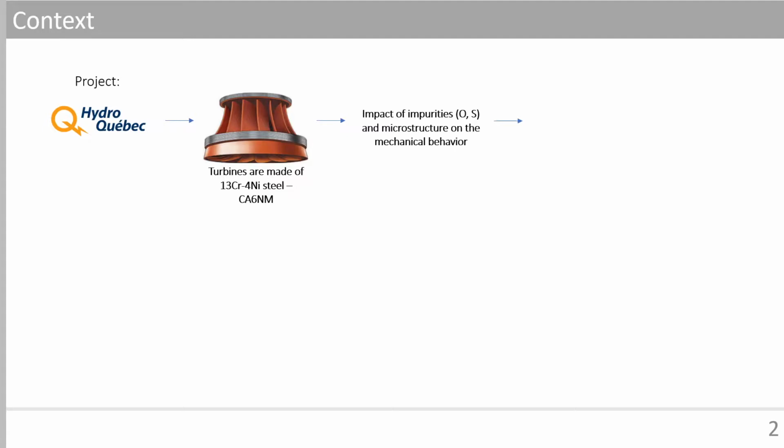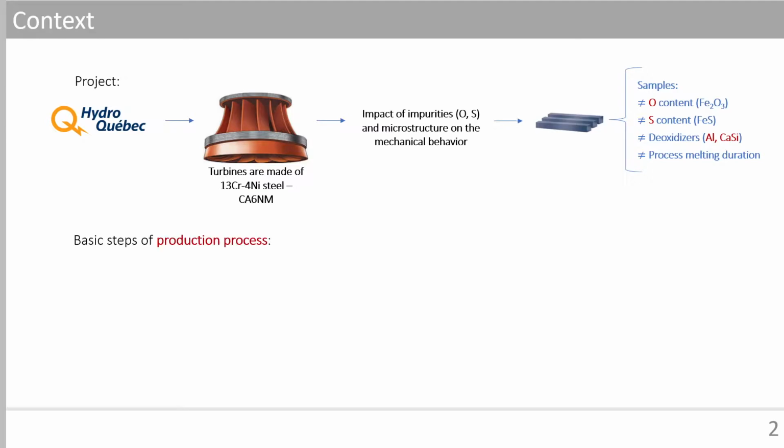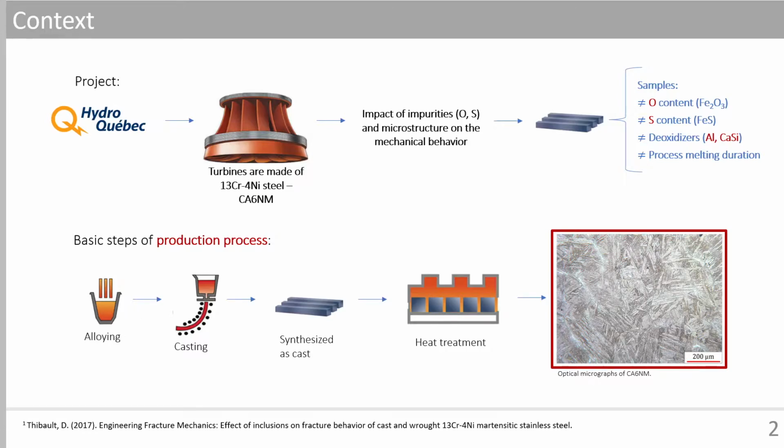So for that, we needed to develop the samples that we would be studying. We could synthesize samples with different levels of oxygen or sulfur, and also test different deoxidizers and even verify how the duration of the melting process could impact that. So here I'm showing the basic steps that allow us to produce stainless steel out of liquid metal.